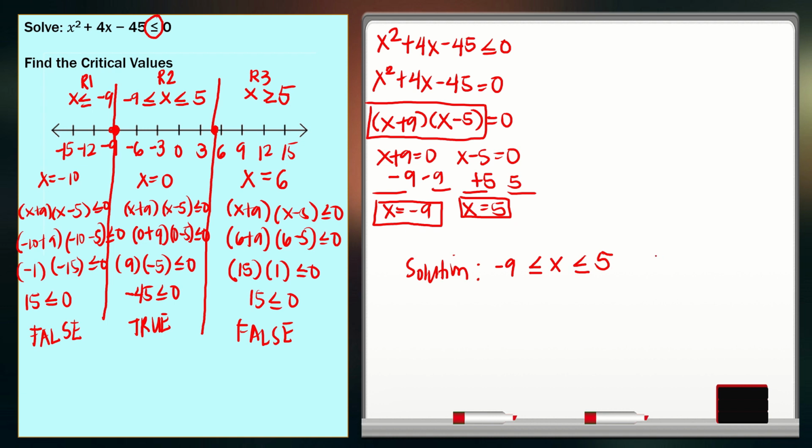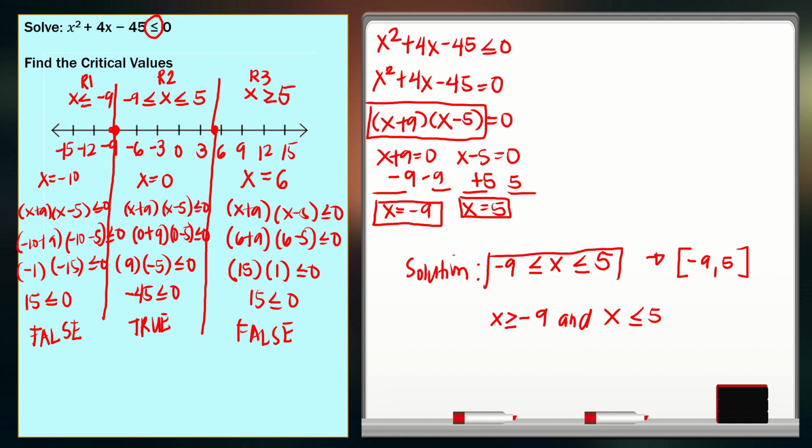This is our answer. We can also write this in interval notation. If we write this in interval notation, that is simply bracket negative 9, positive 5. It tells us that if we use brackets here, the endpoints are included as part of the solution, or the critical values are included as part of the solution. Another way of writing this is in set builder notation: x is greater than or equal to negative 9 and x is less than or equal to positive 5.